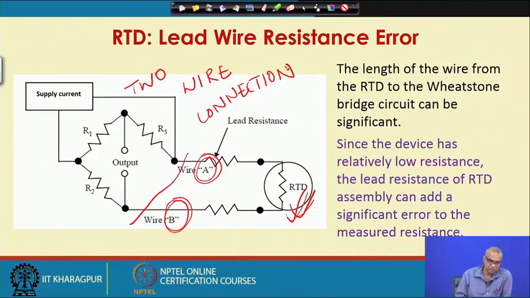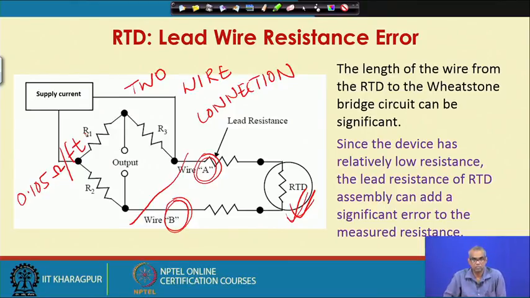Let us say I am using copper wire to connect the RTD to one arm of the Wheatstone bridge, and let us say, for example, the copper wire's resistance is 0.105 ohm per feet, and let us say I am using 100 feet long wire, because the Wheatstone bridge may be 100 feet away from the point of measurement where the RTD element will be inserted into the medium.